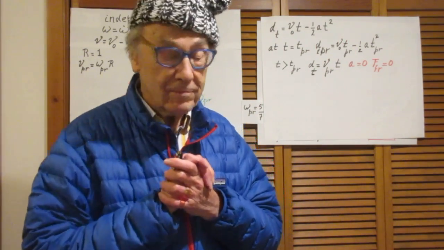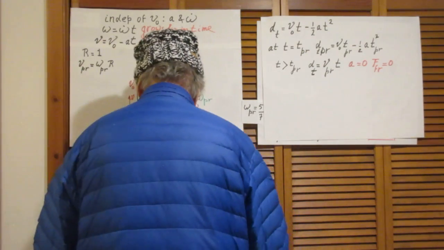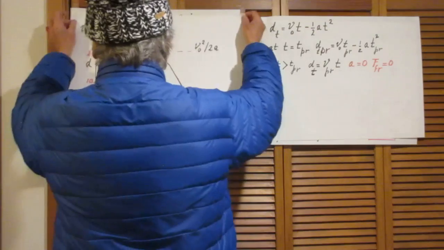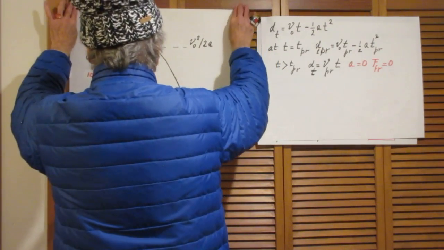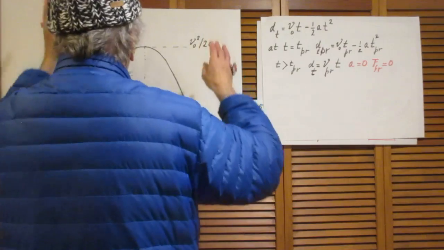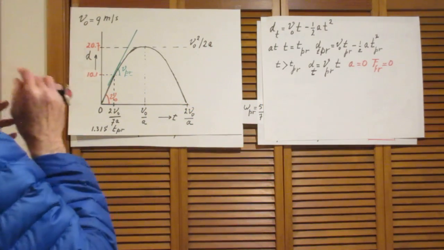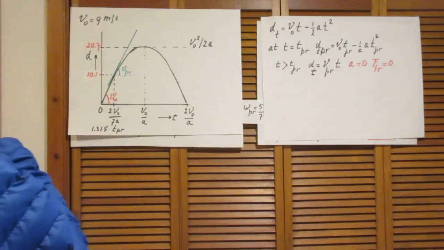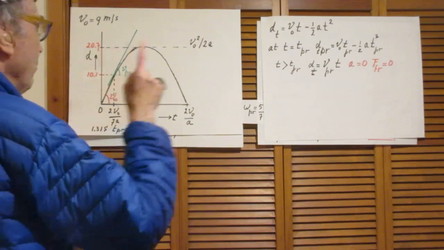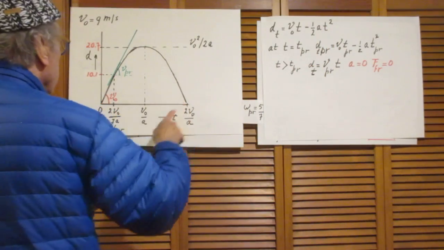And I have shown that also in a plot. So you see that here. Keep in mind that V0 was 9 meters per second, and if you remember, A was 1.96 meters per second squared. I plot this equation here with the black line.